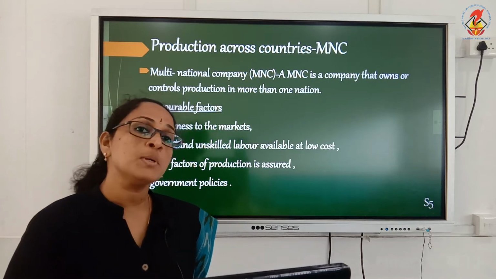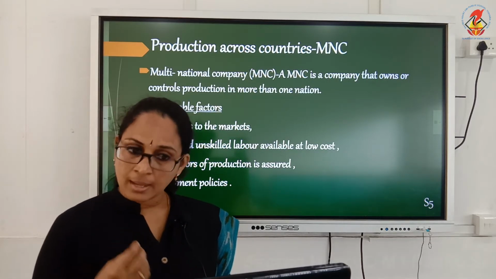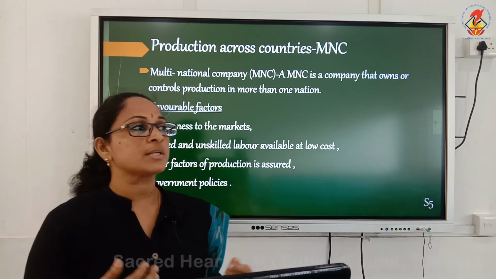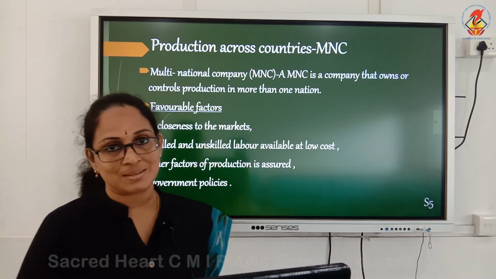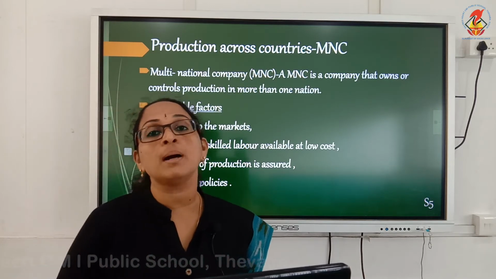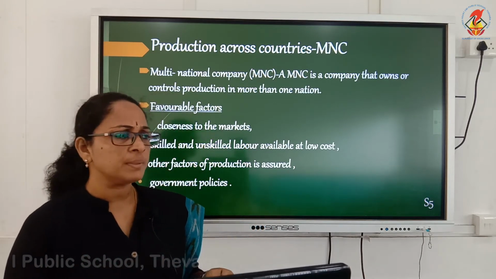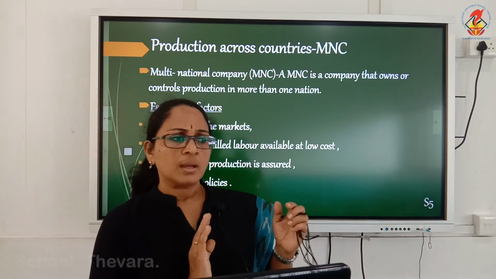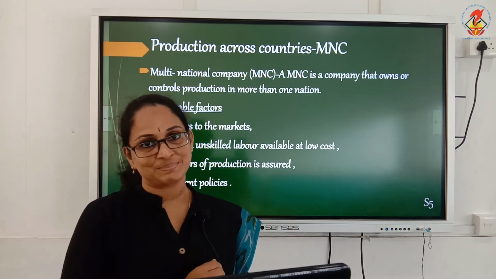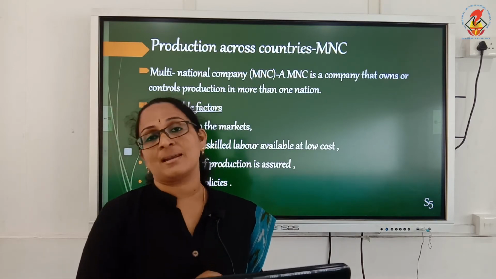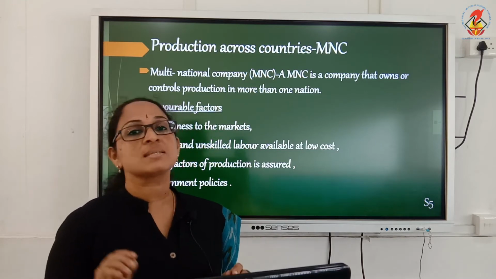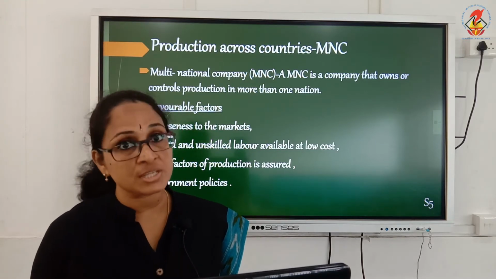Coming to the favorable factors for setting up an MNC. The favorable factors are closeness to the market. Multinational companies will check whether that area is close to the market for exporting purposes. Then availability of skilled and unskilled laborers at low wages.